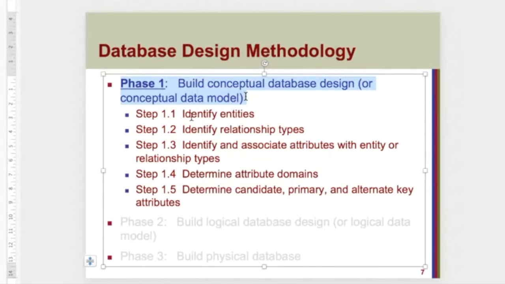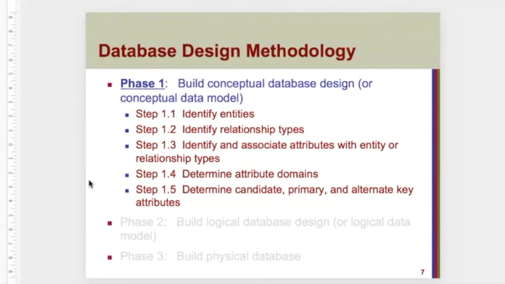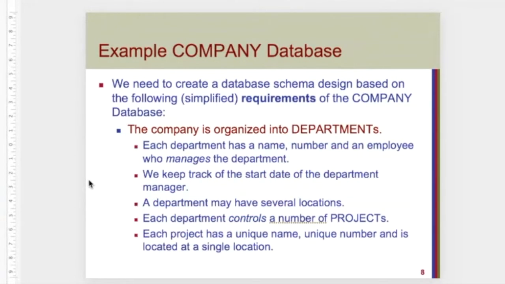To design our data model, we identify entities, we identify association among entities, we identify the association or relationship or any other constraints. And we saw how we identify entities.